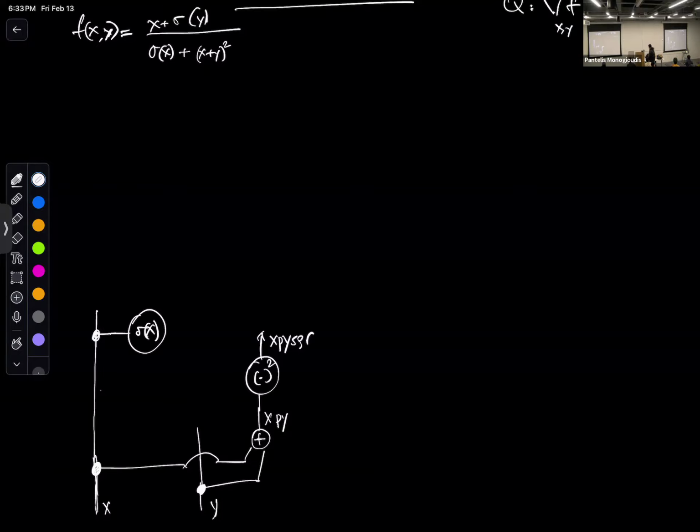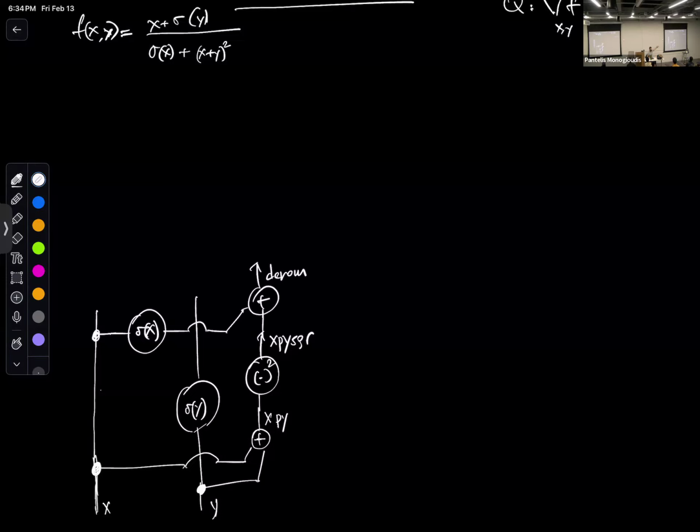I'm not going to expand sigma of x. Add sigma of x to what? This guy. And I'm entitled to call it the tensor denom, which is my denominator.